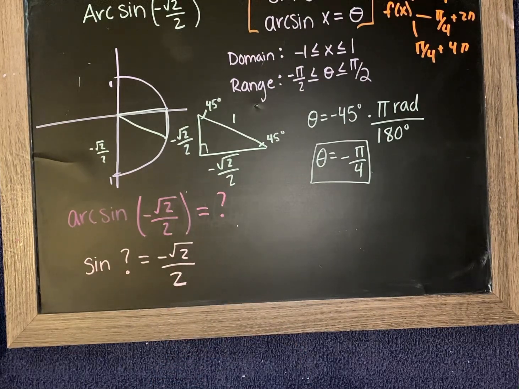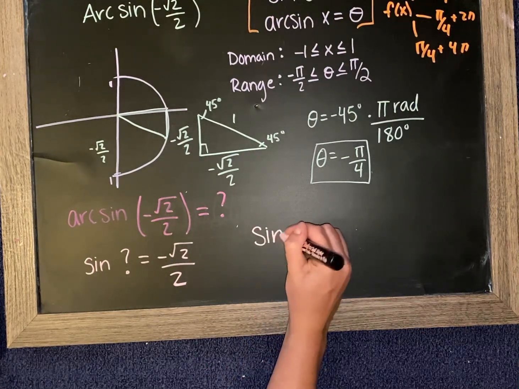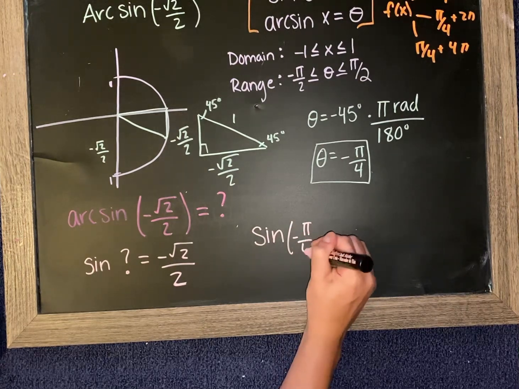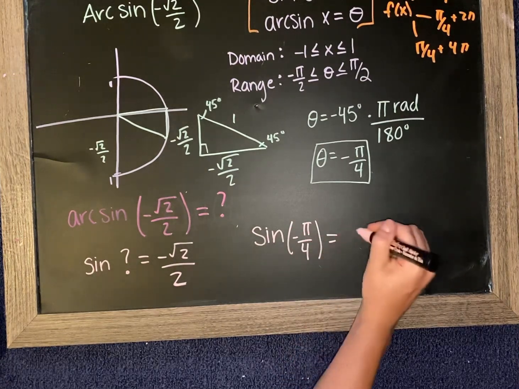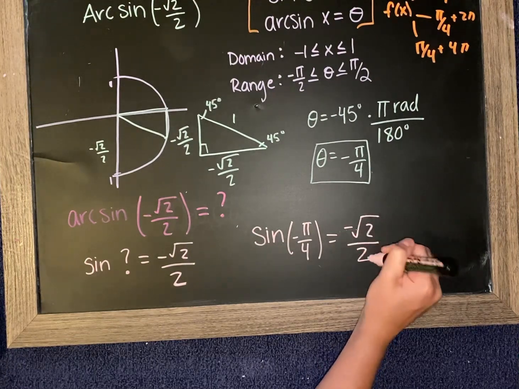So you can plug this into the calculator, or if you know your unit circle, you will know that sine of negative pi over 4 equals negative root 2 over 2.